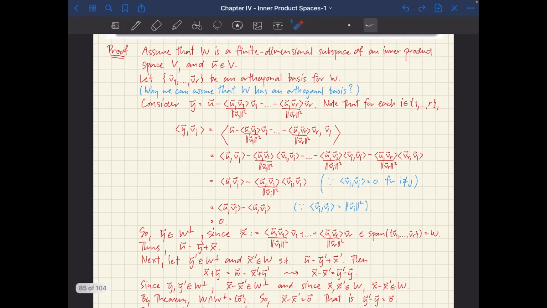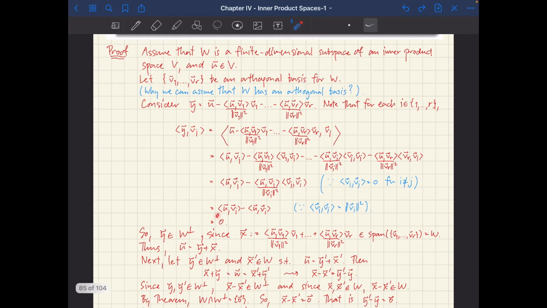From this, the inner product of y and vi is equal to 0 for all i. What does it mean? It means that y is an element of W perp, right? Why?